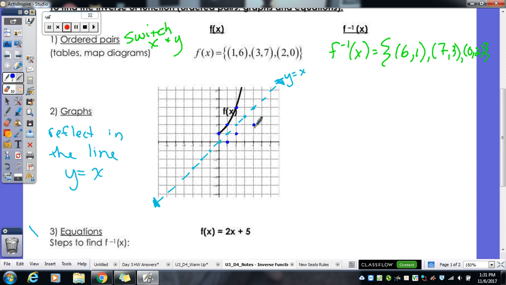I don't have any other points that line up nicely on my original graph, so I'm just going to sketch the rest of it, and it should look like that. If I were to take my piece of paper and fold it along that line y equals x, my graph and its inverse would line up with each other.